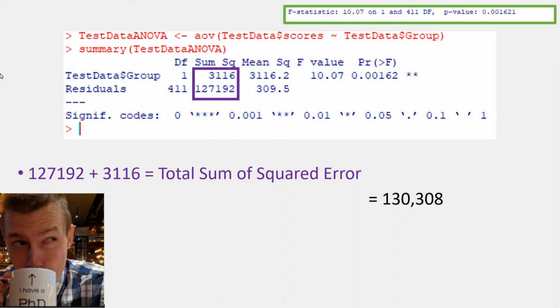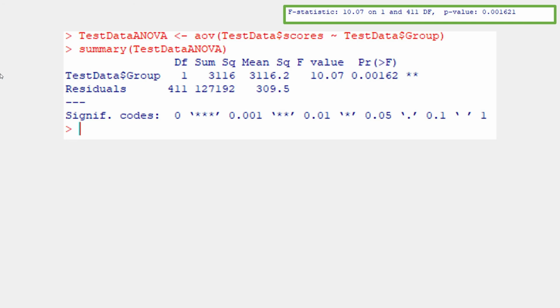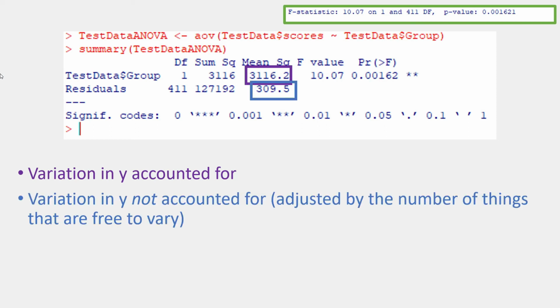Moving on to the mean squared error column, this tells us the variation in the grades accounted for specifically by our including university in the analysis, and the variation in grades we have not been able to account for, or explain, or eliminate, divided by the number of scores that were free to vary, the degrees of freedom. The 413 students minus 2 for the fact that they come from 2 groups.